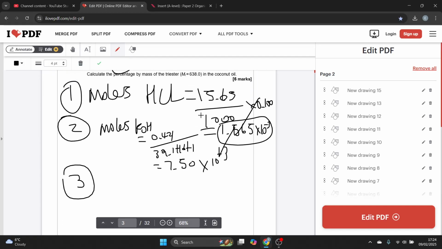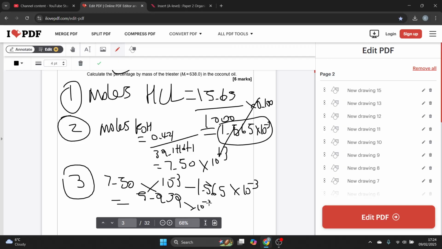So all I'm going to do is 7.50 times 10 to the power minus 3 minus 1.565 times 10 to the power minus 3. That will give me 5.939 times 10 to the power minus 3. And that is the amount of potassium hydroxide used.